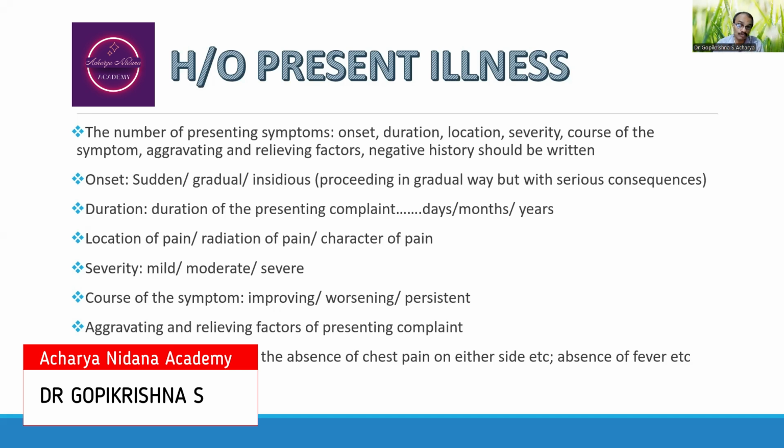Afterwards, radiation of the pain. If the person is having pain in the epigastric region, radiating to the left back through the left side, the most common organ affected will be the pancreas. If the person is having pain in the epigastric region, radiating towards the retrosternal region, the most probable organ afflicted could be the esophagus.